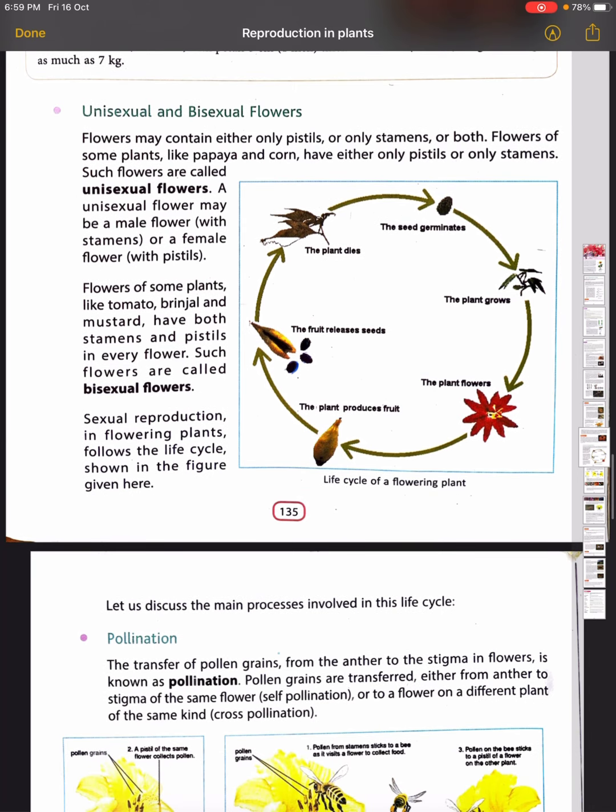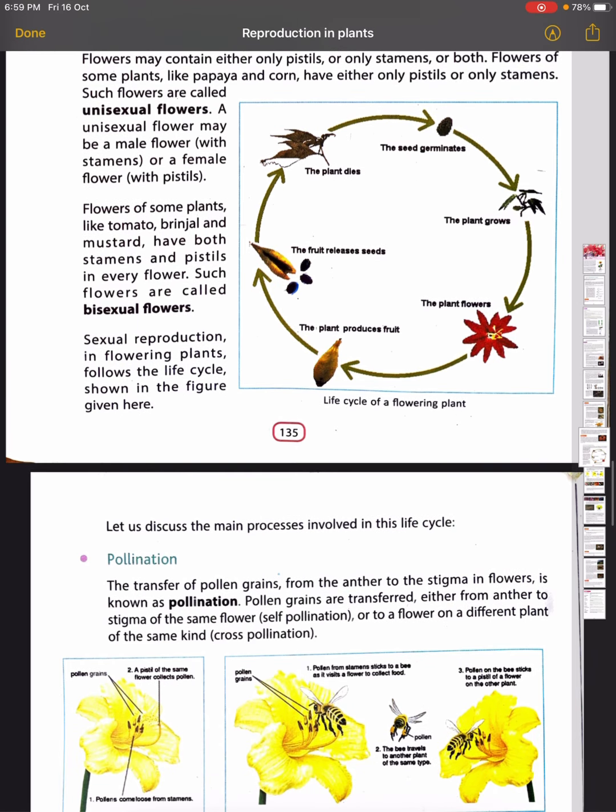A unisexual flower may be a male flower with stamens or a female flower with pistils. Flowers of some plants like tomato, brinjal, and mustard have both stamens and pistils in every flower. Such flowers are called bisexual flowers.